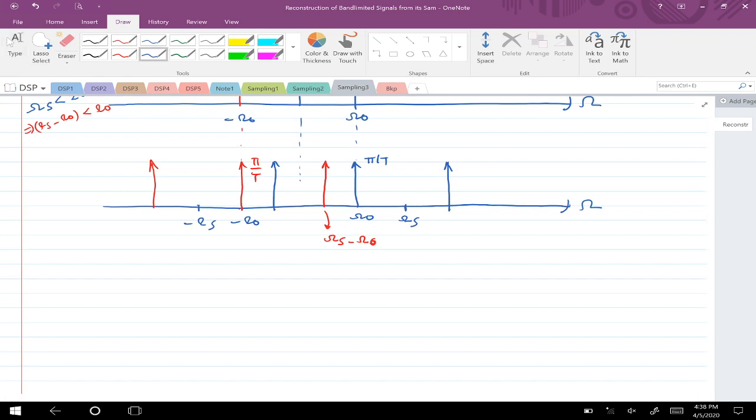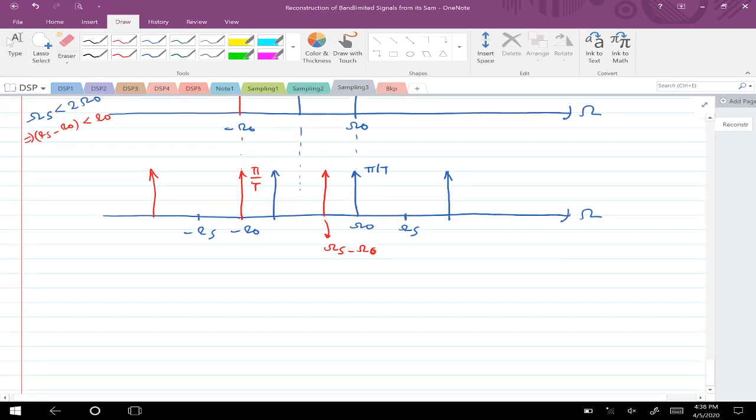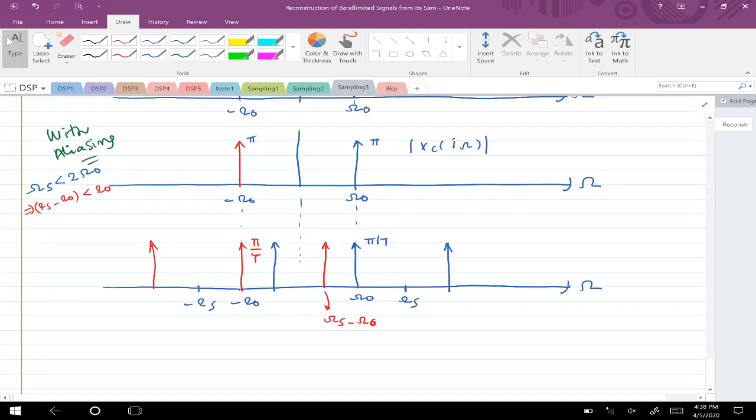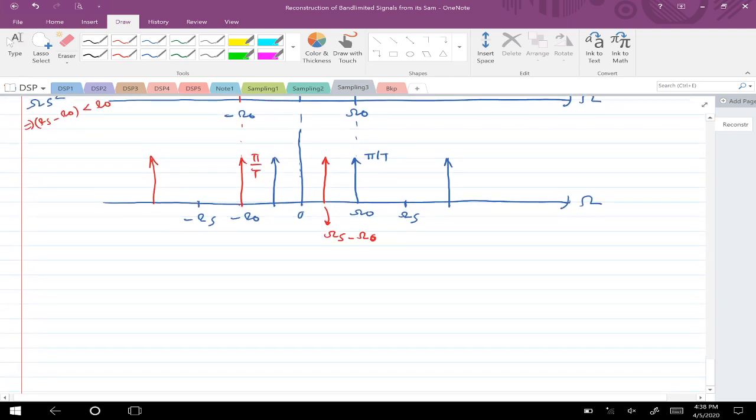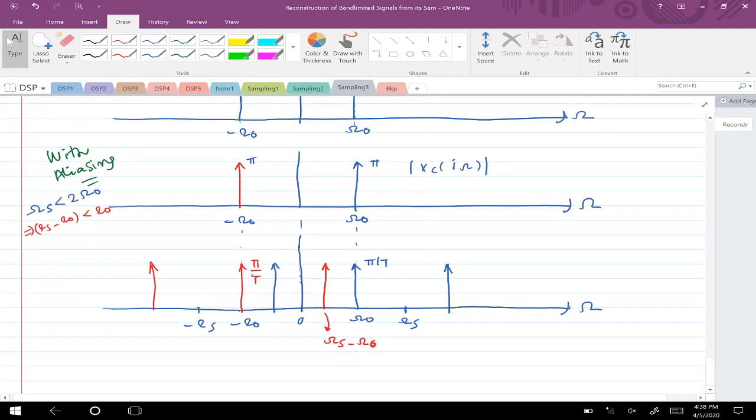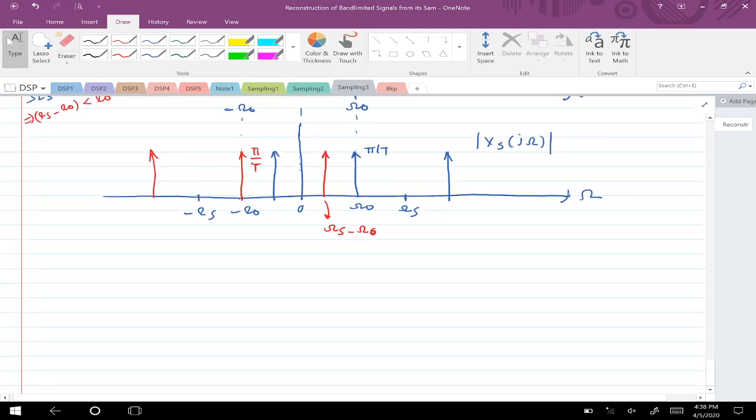By the way, this is the line I have here, that's the 0. And what I have drawn is the magnitude of Xs of j omega, right?